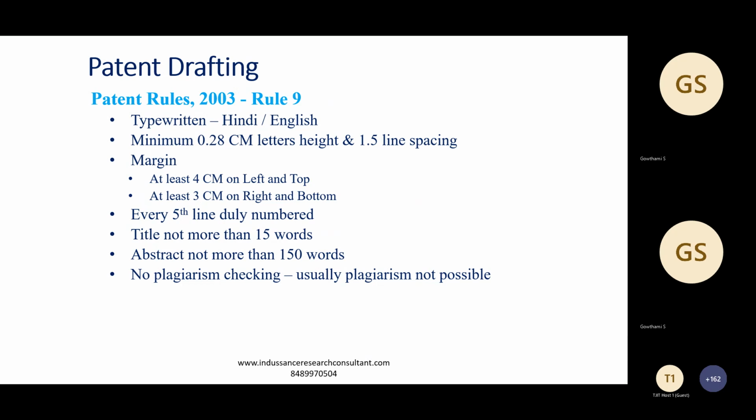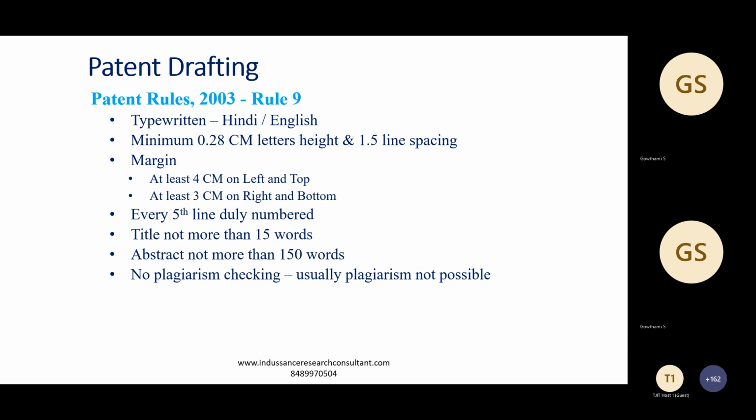So now let's see what the rules are. We not only have the Patent Act of 1970 to be followed to draft a patent, we also have rules specified by the Patent Office that were last amended in 2003. We'll have to follow that to get the patent document in the format suitable to be assessed by the patent office.